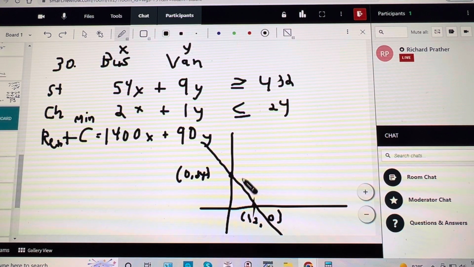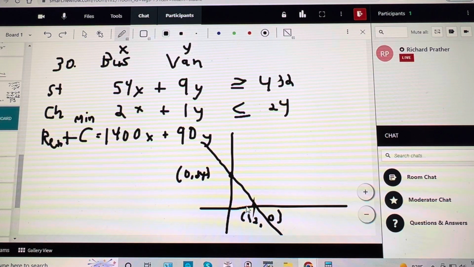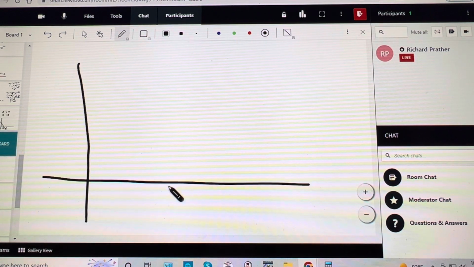That one you're going below it. Then if I put 0 in for y, 54 into 432, 432 divided by 54, that would be x is 8. I should have left more room for that. So one x is 8, 0, and the other one is 12, 0.